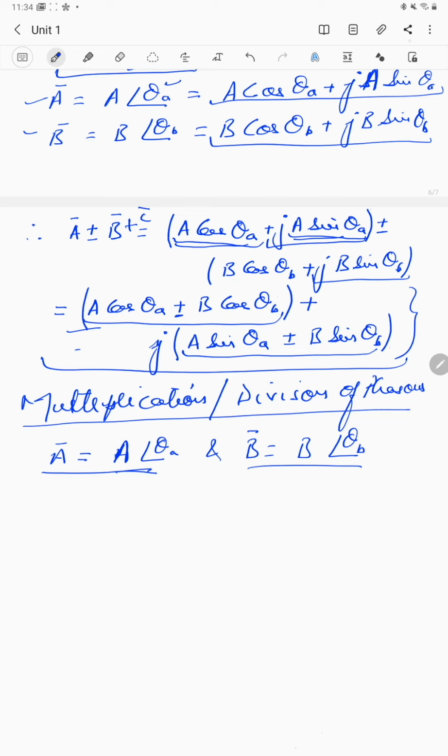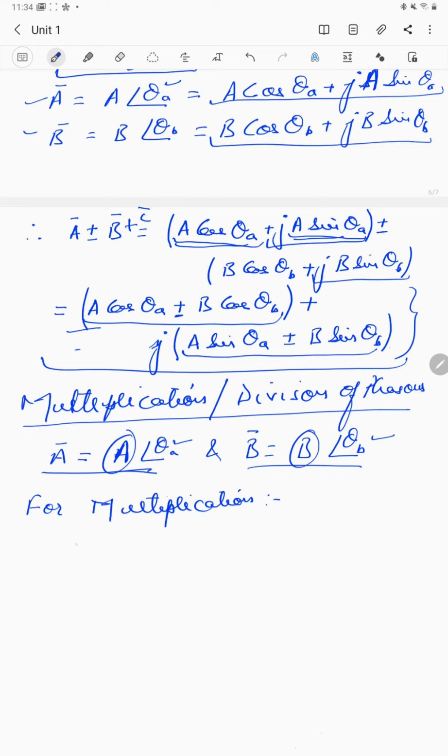Okay, now we have two phasors, A equals A angle theta A and B phasor equals B angle theta B. Okay, now for multiplication, the magnitudes of the phasors A and B should be multiplied, whereas the phase angles theta A and theta B will be added.